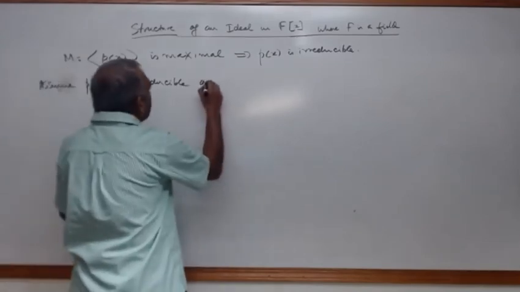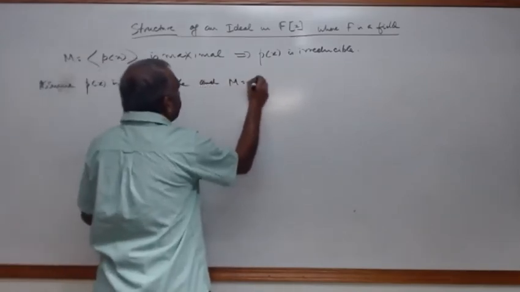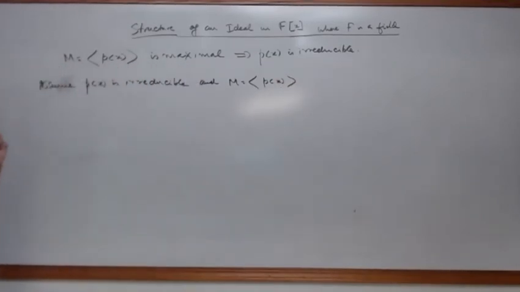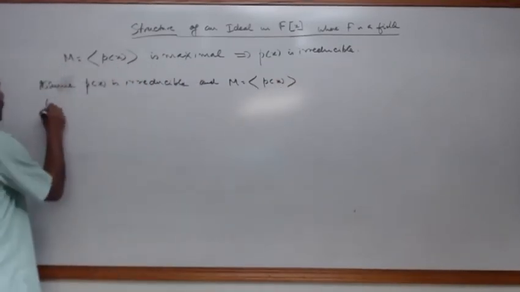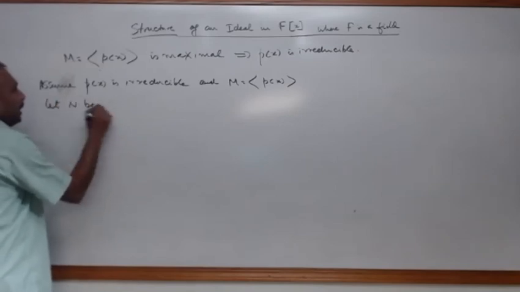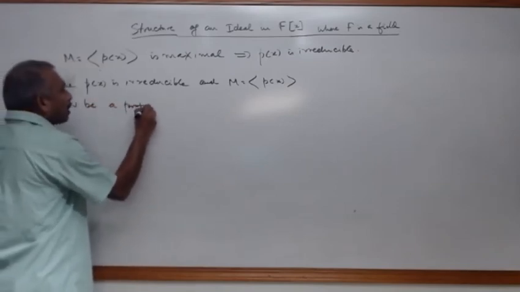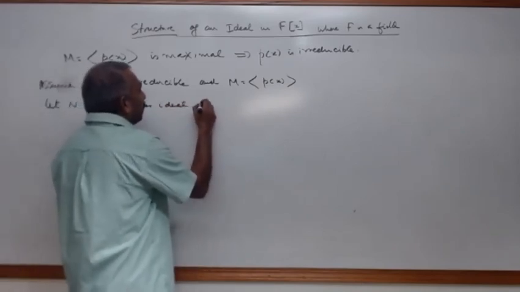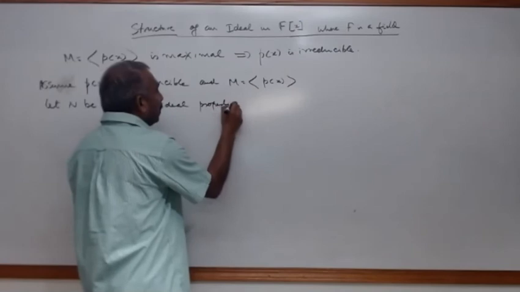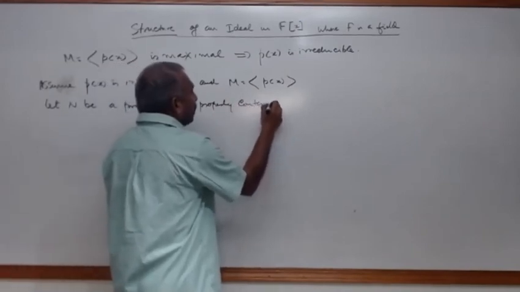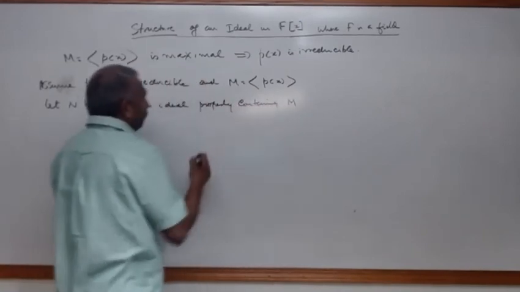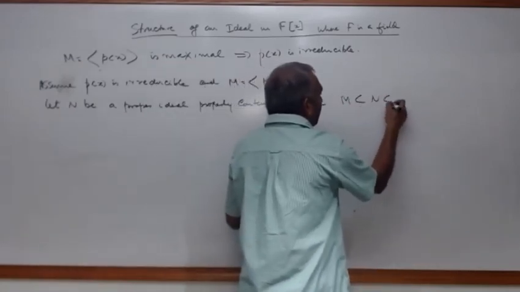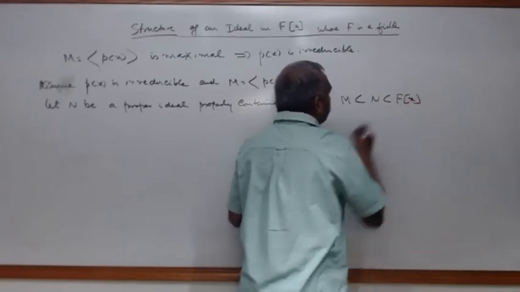And M is equal to the ideal generated by p(x). Now let N be an ideal properly containing M, that is, M is contained in N, which is contained in F[x].